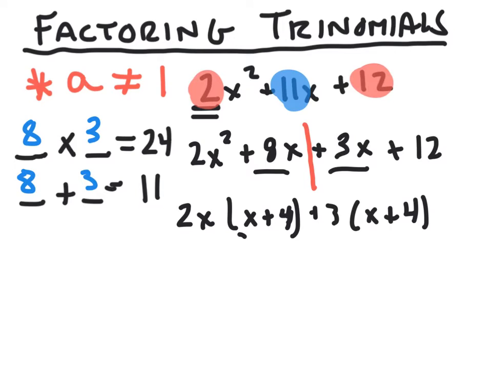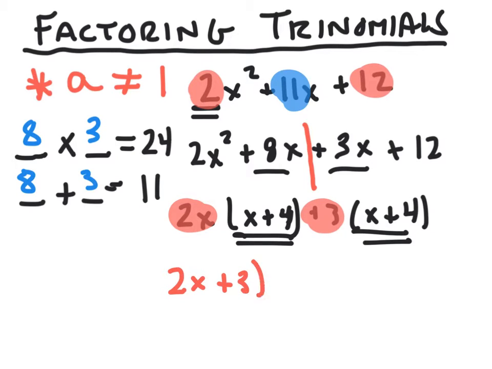Now in doing this, you'll notice that I'm multiplying the 2x times x plus 4 and the 3 times that. This can be written as 2x and 3 are both multiplying by x plus 4. This is the factored form of the trinomial we're looking at up top.